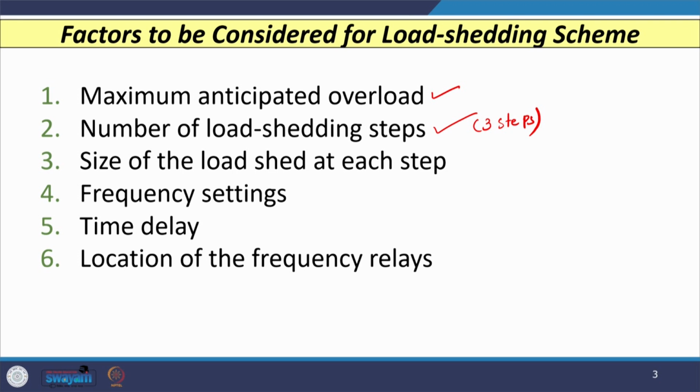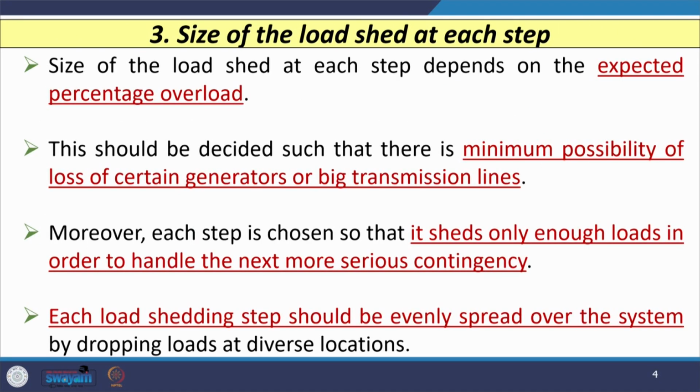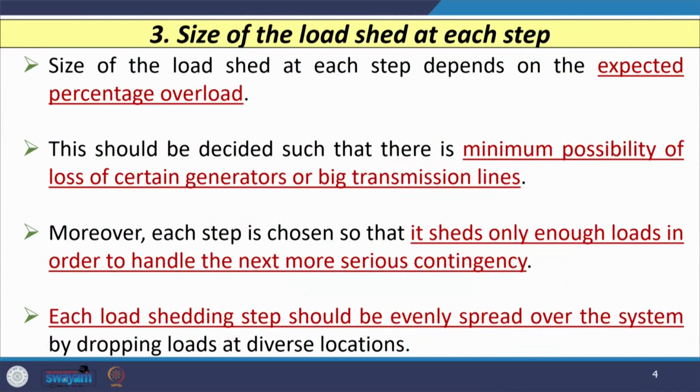Now the third factor which we need to consider for the design of an intelligent load shedding scheme is the size of the load that is to be shed during each step. The size of the load to be shed at each step depends on the expected percentage of overload. We have to design the share of each load during each step in such a way that there is minimum possibility of loss of generation and big transmission lines.